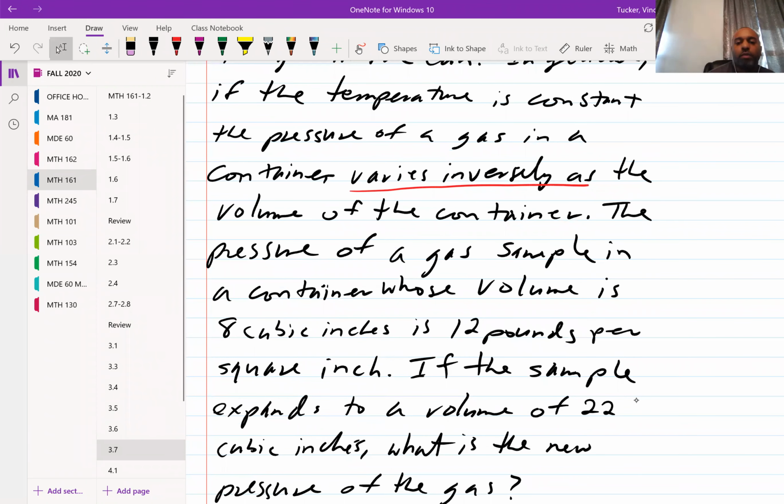If the sample expands to a volume of 22 cubic inches, what is the new pressure of the gas?